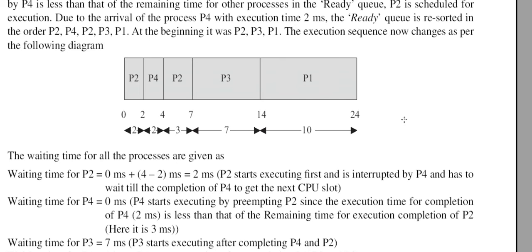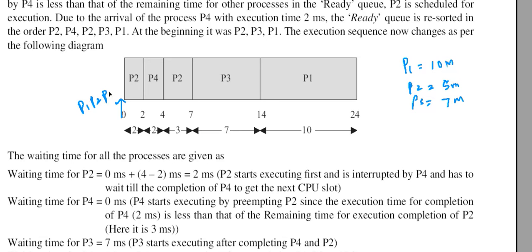Let us go to this. What is P1? Here, don't make any mistake. P1 is how much, P2 how much, P3 how much, and I will also write the execution time. P1 job is 10 milliseconds. P3 is 7 milliseconds. P2 is 5 milliseconds.